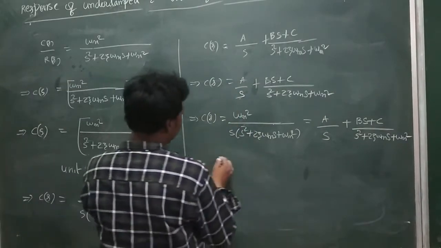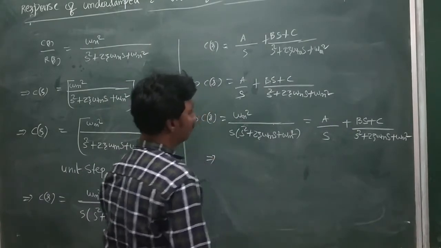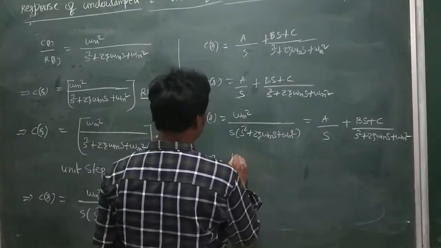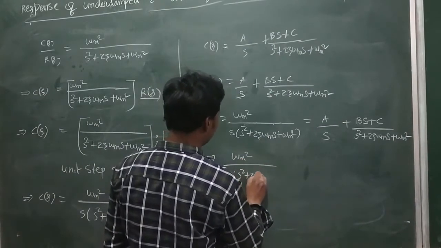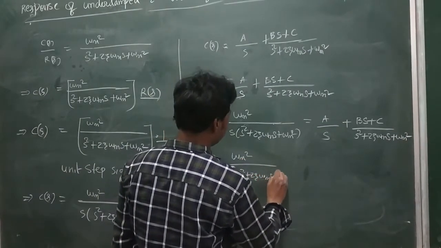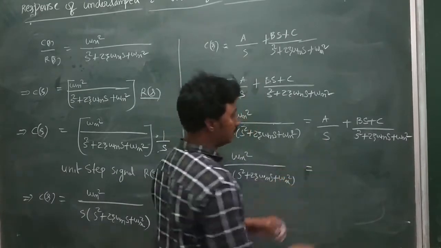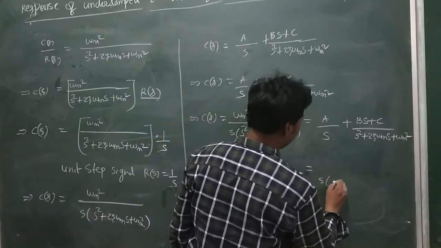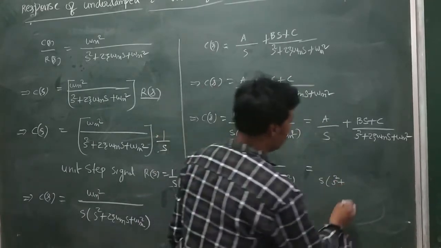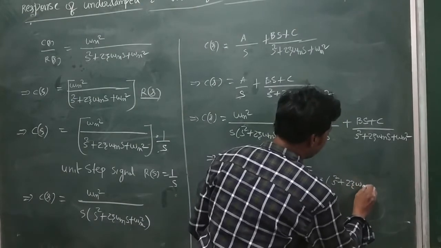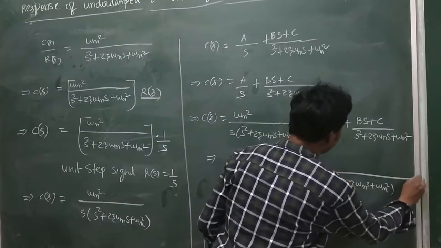Now what is the LCM? Our LCM is s into s square plus 2 zeta omega n s plus omega n square.